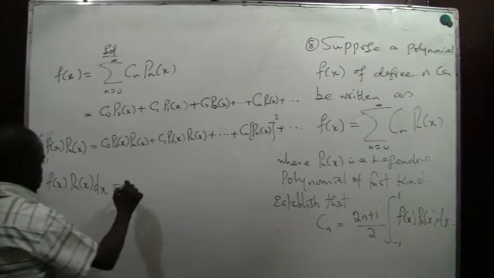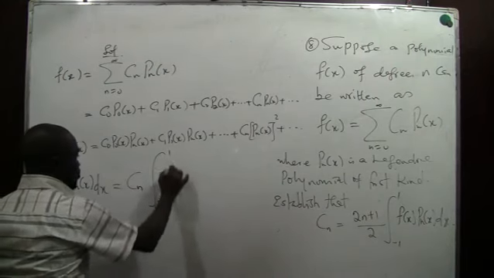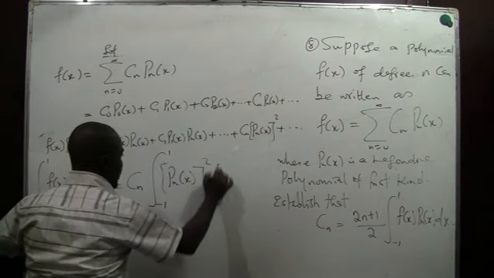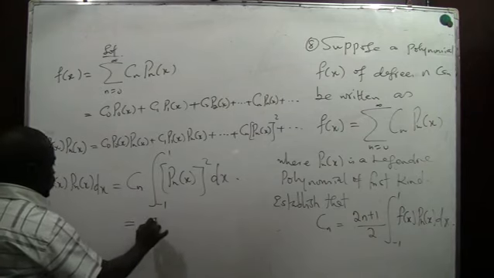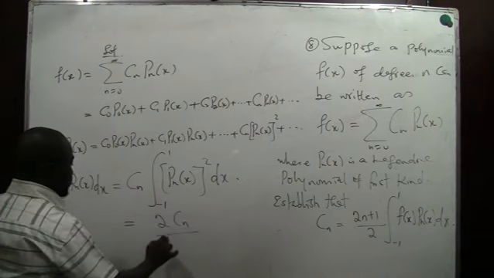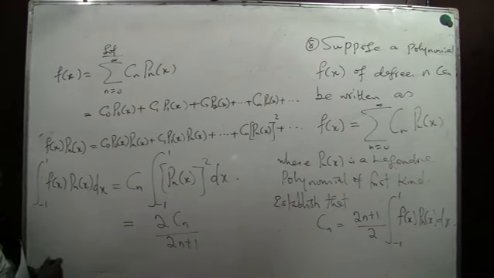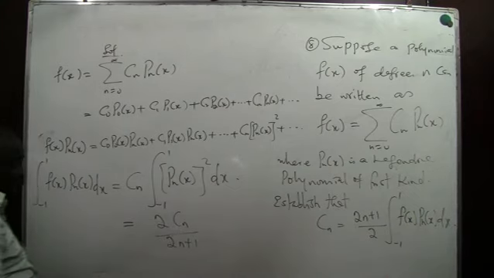And that is what we are going to integrate: Cn integral minus 1 to 1, Pn of x, everything squared dx, which will give us 2Cn divided by 2n plus 1. Making Cn subject of formula, the result follows.